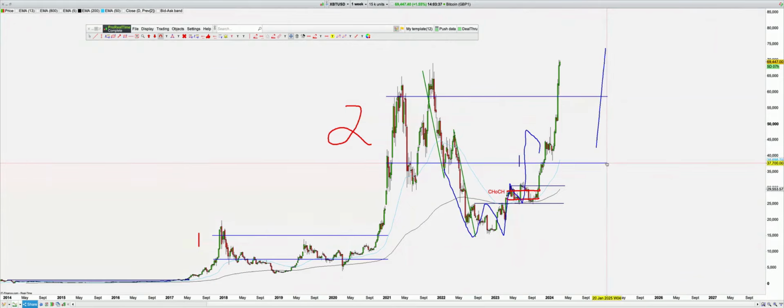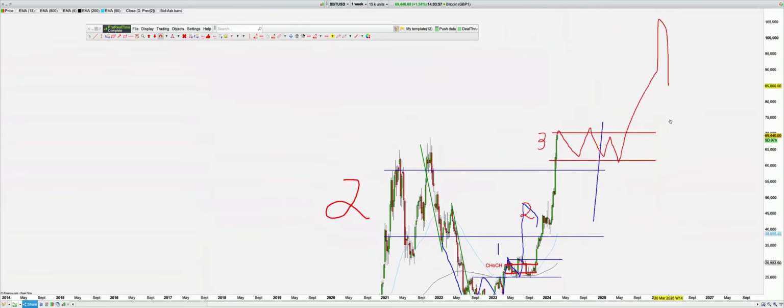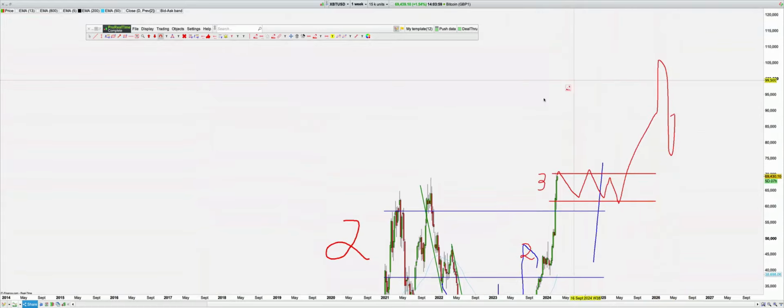So incredible. Absolutely incredible. I remember when it was down here. That's 1. This is 2. And it's done 3 now. So we now expect this and higher prices.